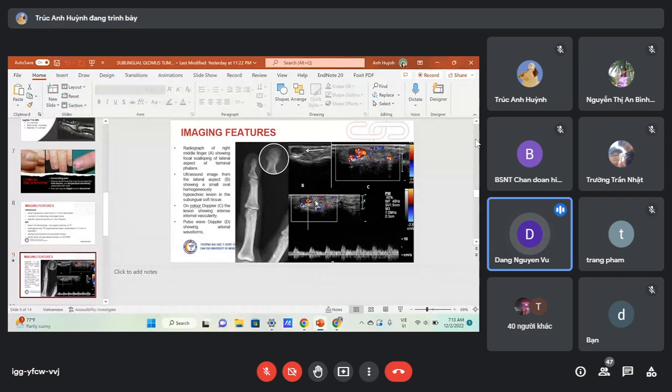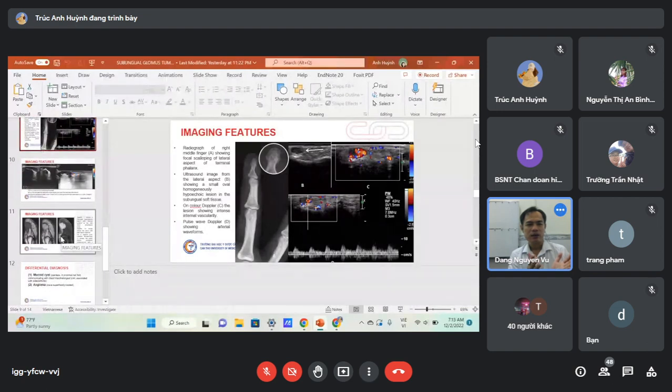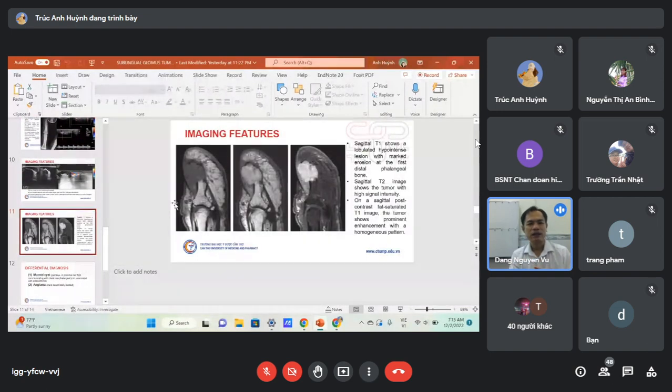With this ultrasound finding, you can think of glomus tumor. But I think we need to do an MRI scan actually, because this type of disease needs to be removed by surgery. So we need to confirm by MRI before surgery. This one cannot be treated or settled by medication; it needs to be removed, it needs an operation.